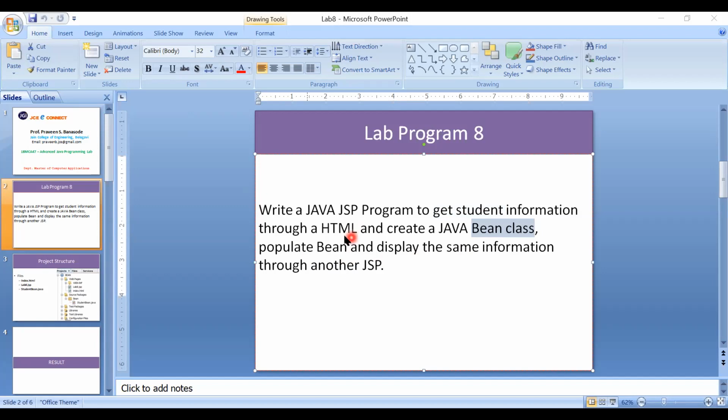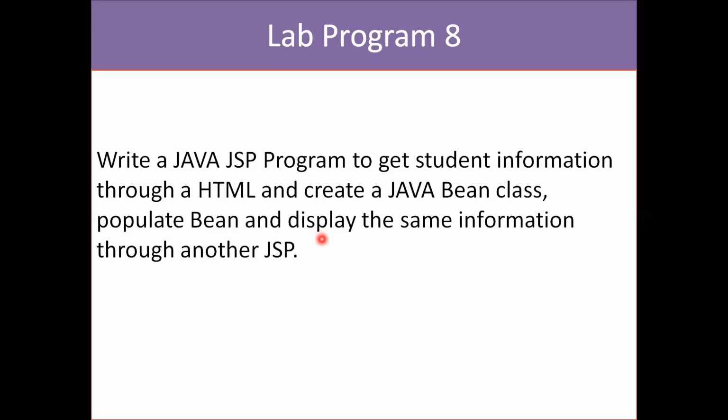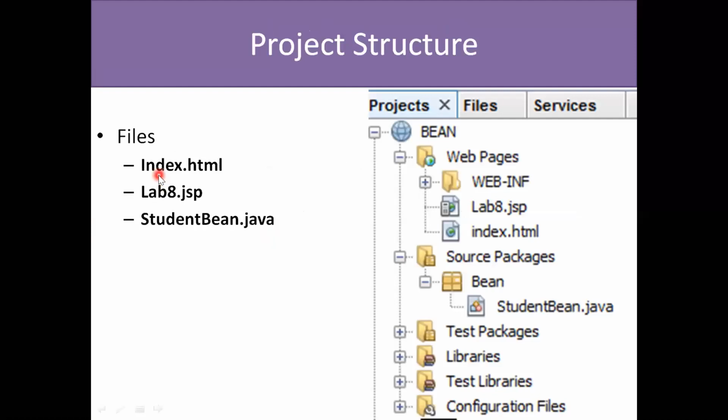In the meanwhile, we are using a simple logic here. I will be creating an index.html. From the index.html, we will be calling a JSP file. In this JSP file we'll be specifying the name of the file which consists of the bean class, and in the bean class we'll have the setter and getter methods.